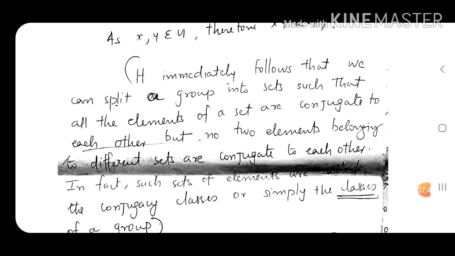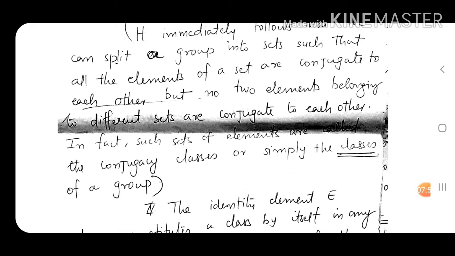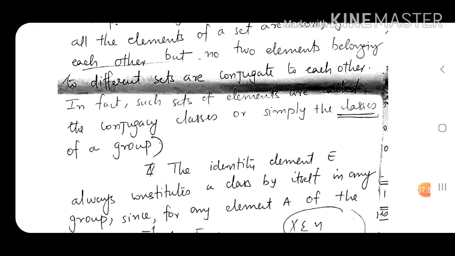Then we form sets such that elements in a set are conjugate to each other, but no two elements belonging to two different sets are conjugate to each other. Such sets of elements are called conjugacy classes, or simply classes of a group.